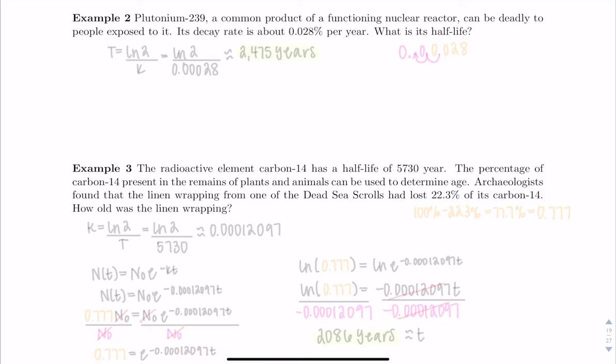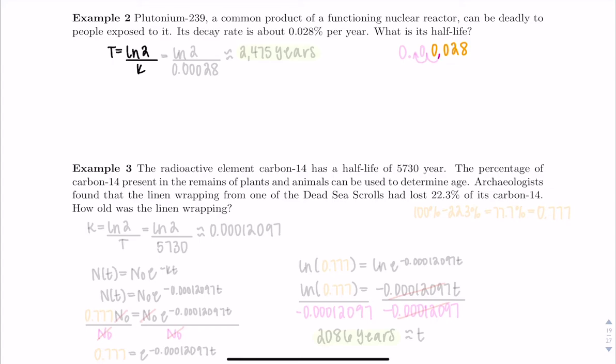For example number 2, plutonium-239, a common product of a functioning nuclear reactor, can be deadly to people exposed to it. Its decay rate is about 0.028% per year. What is its half-life? So we're looking for capital T. We have T = ln(2)/k. Well, our k was given as a percentage. We need to make sure we convert this to a decimal before we plug it into the formula.